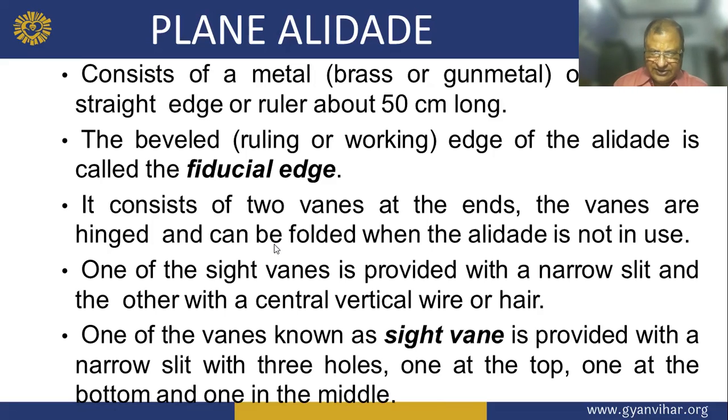One of the vanes, the eye vane, is provided with a narrow slit, or a sight with three holes: one at the top, one at the bottom, and one intermediate.